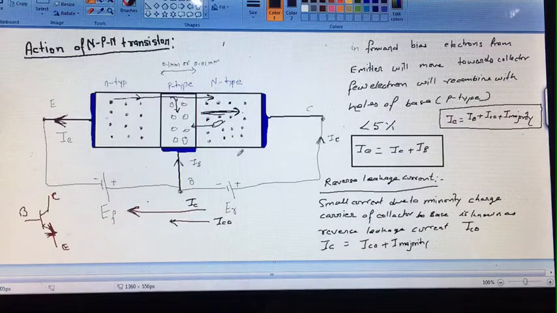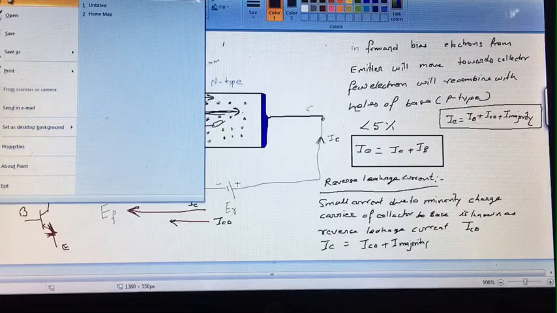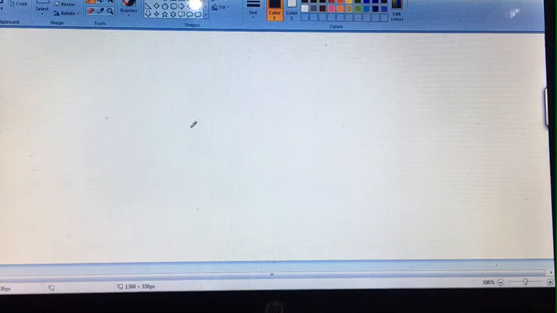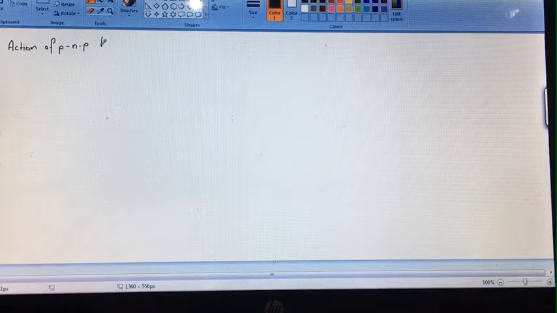Okay, now a similar case we will consider for PNP transistor. So let's discuss the action of PNP transistor.